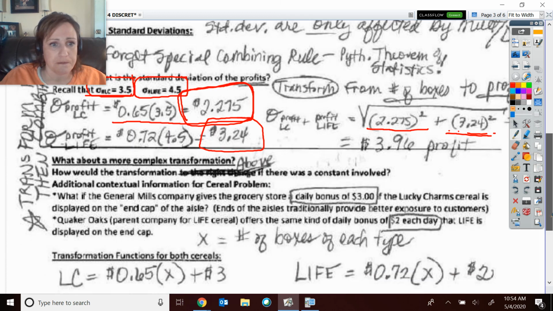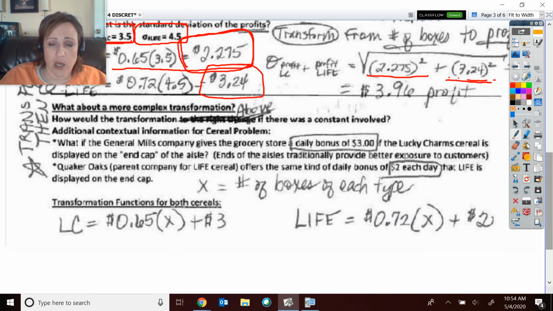All right. So here we have one that's even more complex, where we have not just this multiplication component, but a daily bonus. So I have an additional amount.